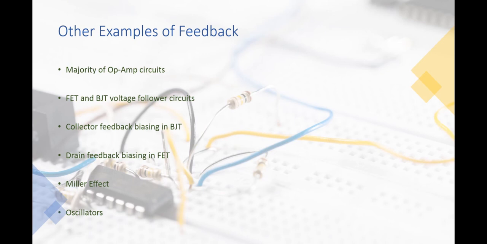So there you have feedback from output to input. And then you have feedback biasing, like collector feedback biasing in BJT and drain feedback biasing in FET.